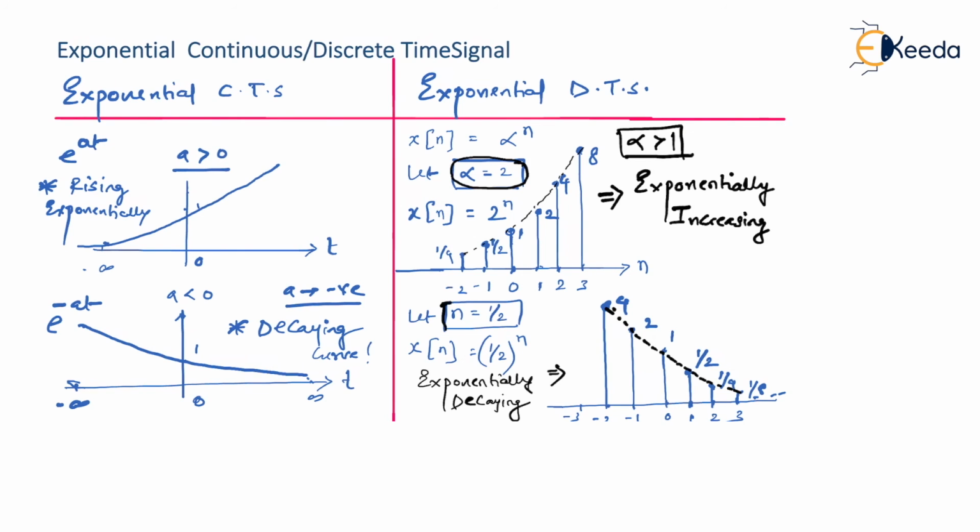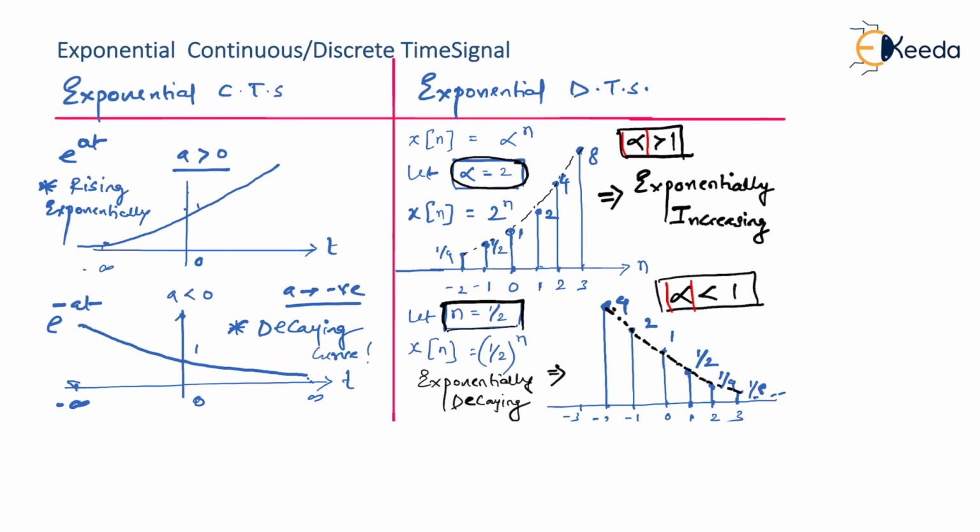And here I have taken alpha equal to half. So whenever the alpha value is less than 1, I'll always get an exponentially decaying curve. In fact, for negative values also this is valid. So I can say in general, mod of alpha greater than 1 gives you an exponentially increasing curve, and mod of alpha less than 1 gives you an exponentially decaying curve.